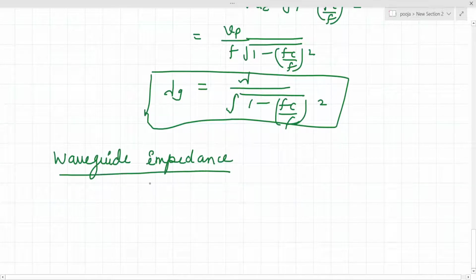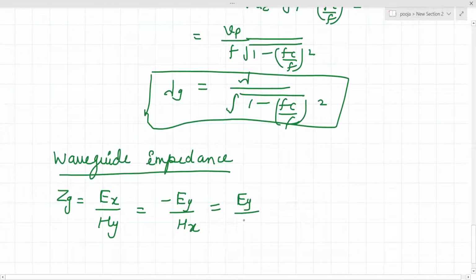So impedance is defined as Zg is equal to Ex divided by Hy or minus Ey by Hx, or Ey by Hz, like this.